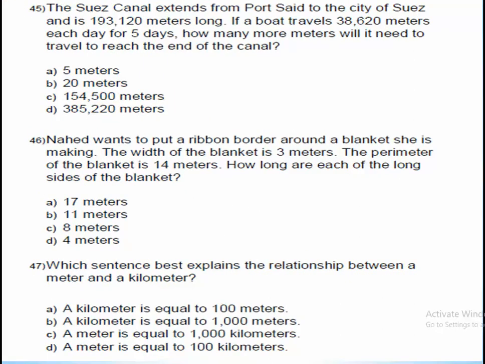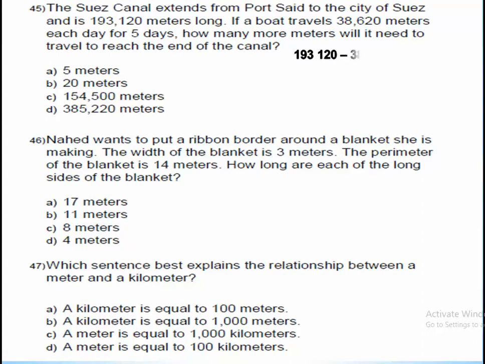The Suez Canal extends from Port Said to the city of Suez and is 193,120 meters long. If a boat travels 38,620 meters each day for 5 days, how many more meters will it need to travel to reach the end of the canal?